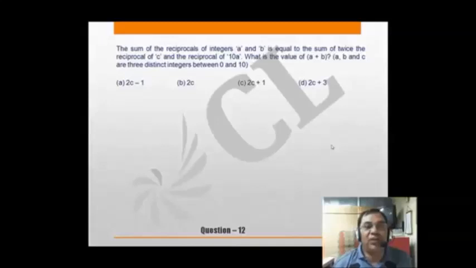The sum of the reciprocal of A and the reciprocal of B is equal to the sum of twice the reciprocal of C and the reciprocal of 10A. What is the value of A plus B? A, B, C are three distinct integers between 0 and 10.